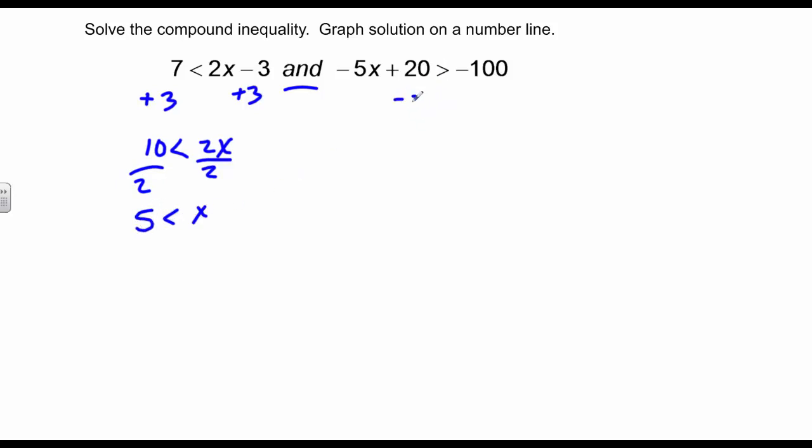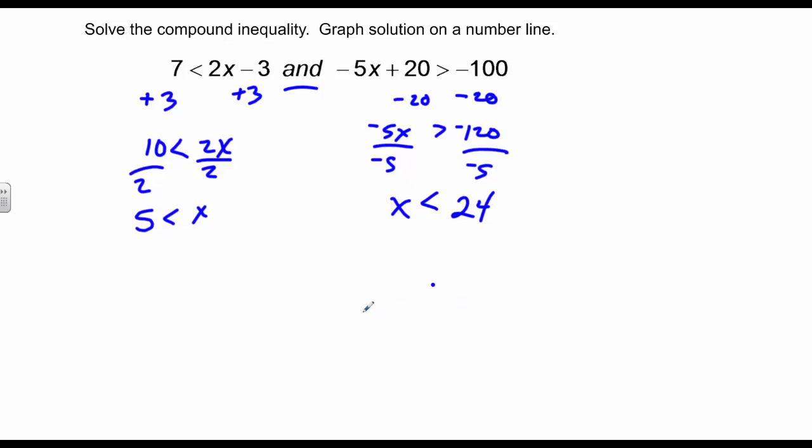Move to this side, subtract 20 from both sides. End up with -120 is less than -5x. Divide by -5 to both sides. When I divide by a negative to both sides, I must reverse the inequality sign.